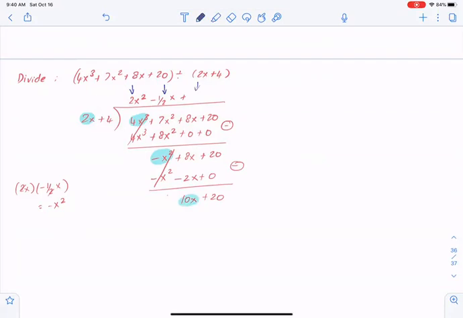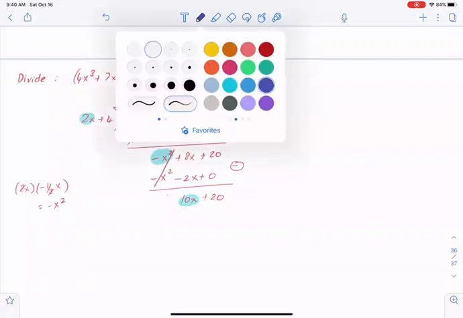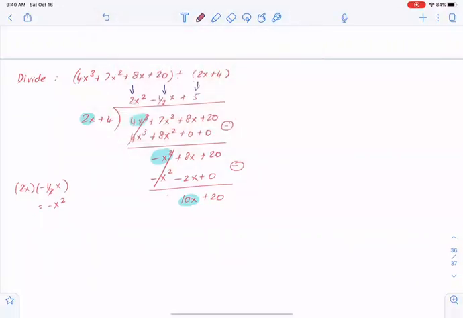So if I multiply 2x by 5, I'll get 10x. 5 times 4 is 20. We always subtract. Those would go away. The remainder is 0.